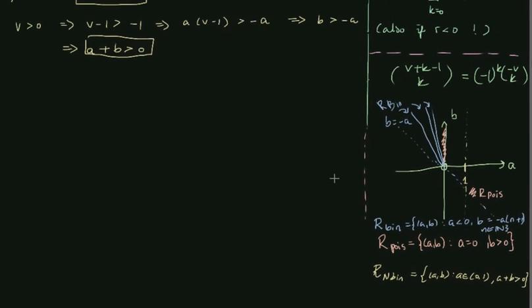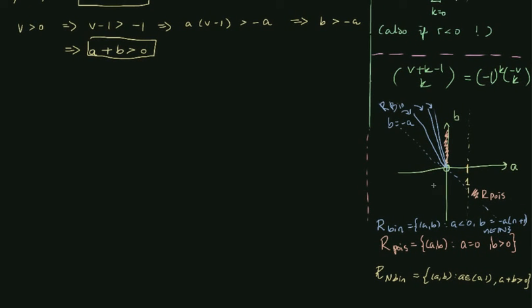And as mentioned earlier, this means also that b has to be greater than minus a, and b equal to minus a is this diagonal line here, which means that the entire AB region of the negative binomial distribution is actually all of this, all the way up. And this is by far, in terms of size, the biggest AB region that we have. Now we have established the AB regions for all three distributions, and we have shown that all three distributions satisfy the AB condition.